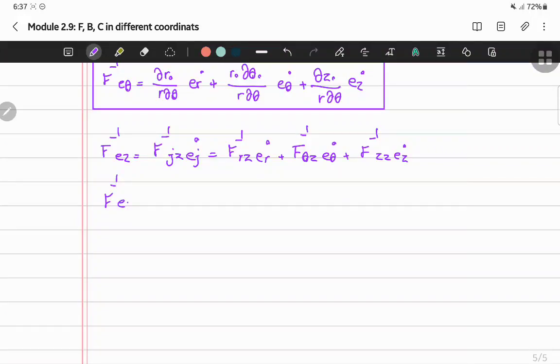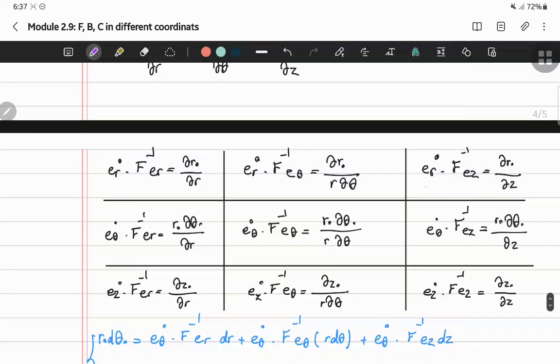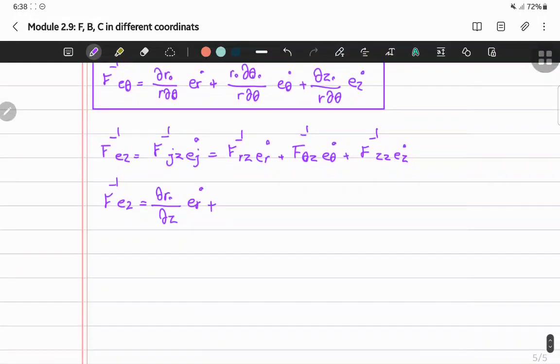So F inverse ez is equal to F inverse rz, which is r0 with respect to z, er0, plus rz is this one, and this is theta z.